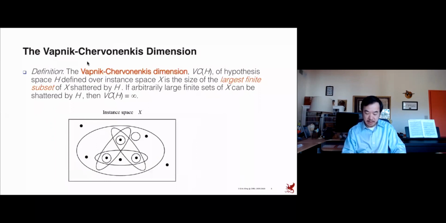The VC dimension basically is the size of the largest finite subset of X that can be shattered by H. X is of course the instance space. It can be anywhere from empty to many examples. So what is the largest subset whose arbitrary labeling can be shattered, can be resolved by members in the H? That basically defines what is known as the VC dimension.